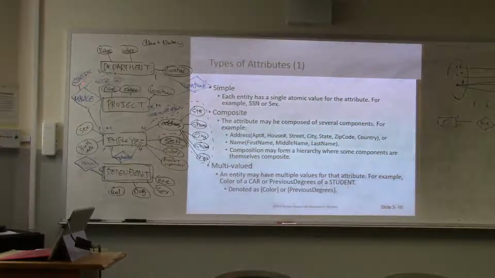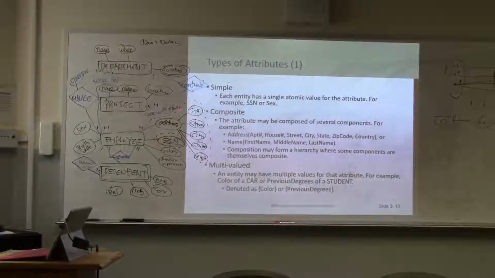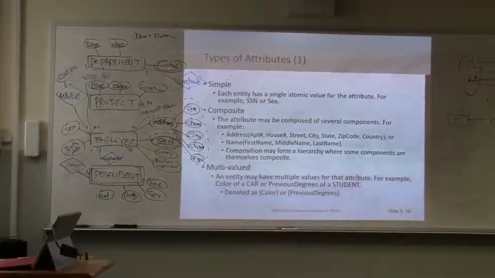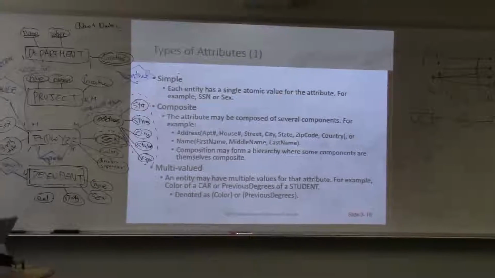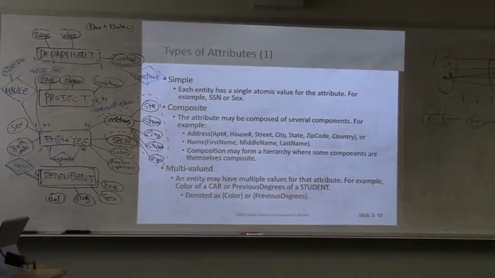We already saw the simple attribute. Simple is this one. The single or composite is this. Multivalued is the location. We will see later why we identify the multivalued attribute. Does anyone know the answer? Why do we differentiate locations and location?